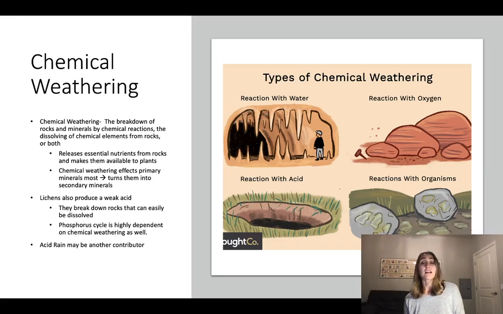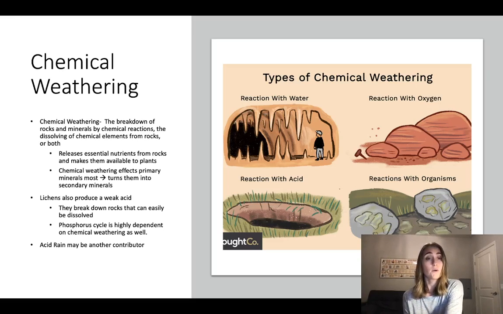That sulfuric acid then accumulates as a particulate and falls when we receive heavy amounts of rainfall. You've probably heard of acid rain or acid precipitation before. Depending on how low the pH is, that can have an effect on rocks as well, especially depending on the quantity that it's interacting with.